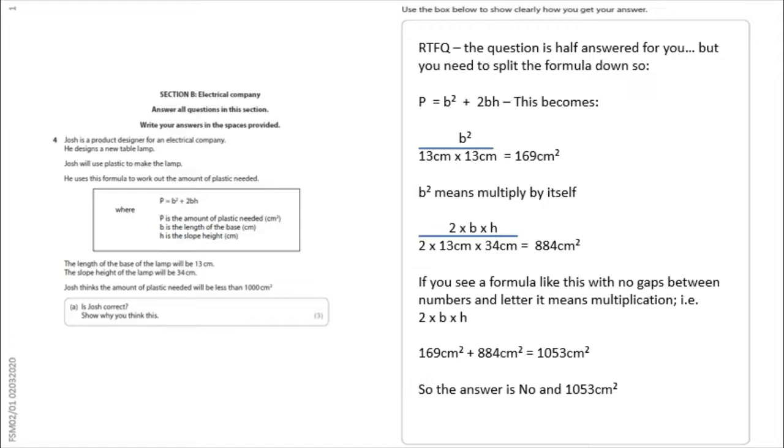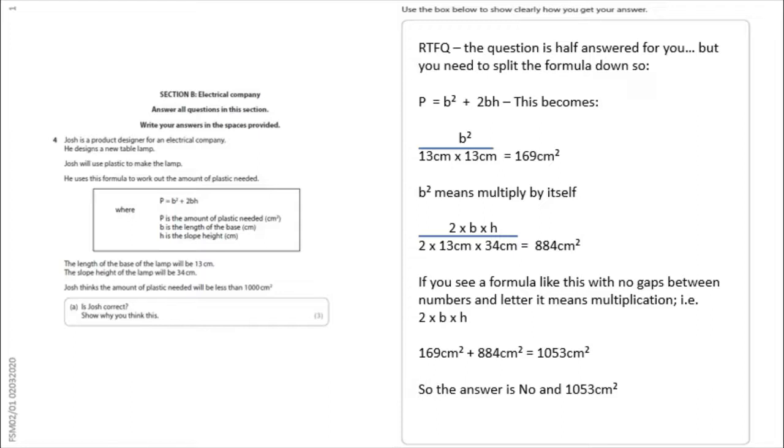Next part, 2BH. When you see things like this, it means they're multiplied. They're not added, they're not subtracted, they're not divided. No gaps in between means multiplication. So 2BH means 2 times B times H. 2 is a figure on its own, we don't have to worry about that one.